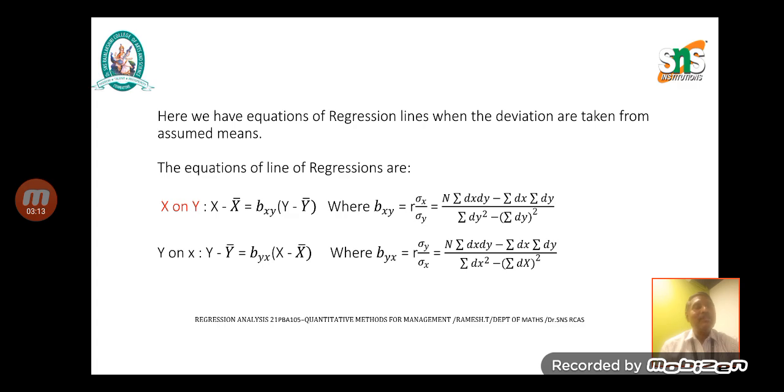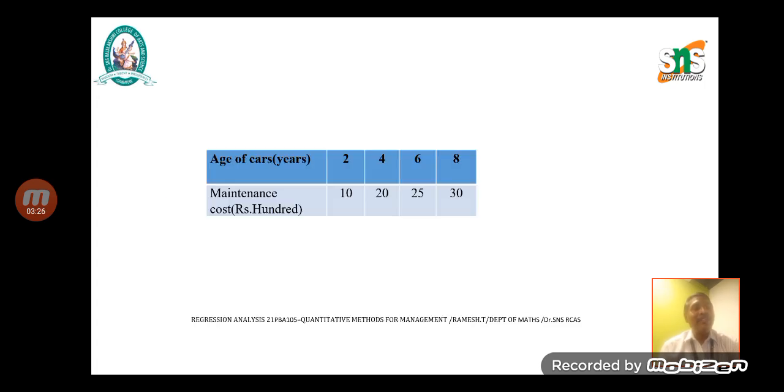So we need these two regression line equations, because if you know one variable, using that we calculate the other variable, or otherwise if you know the other variable, then we calculate the first. Therefore we need two kinds of regression line equations.